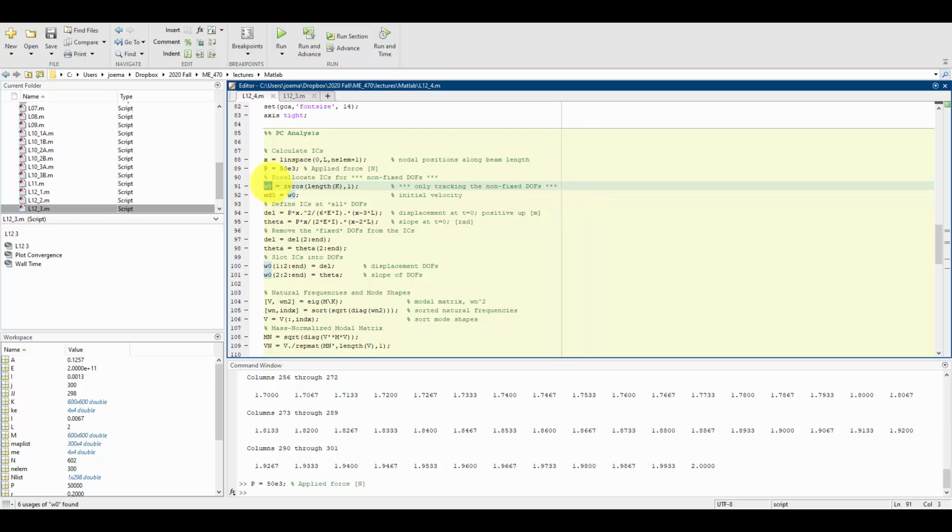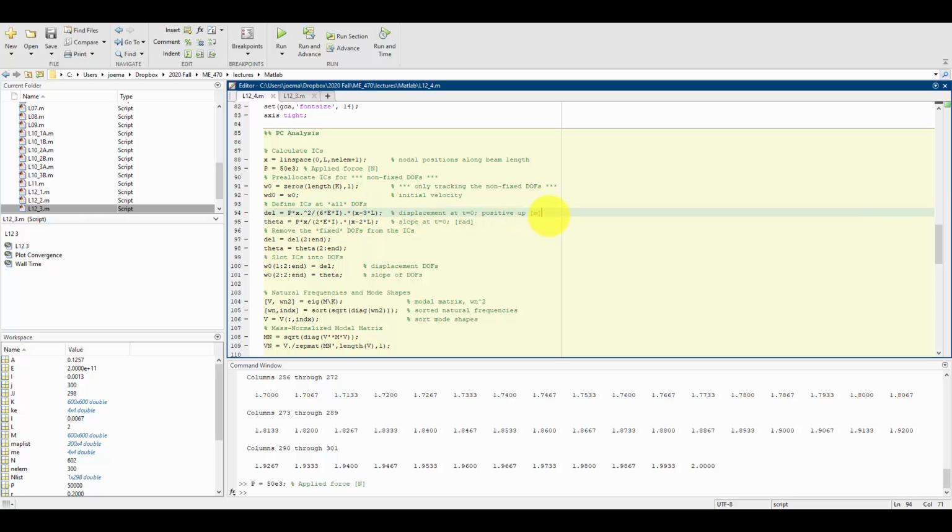This W0 is, again, odd values are vertical displacements, even values are the angular displacements. In the velocity, odd values are going to be linear velocities, and the even values will be angular velocities. But regardless, those are all going to be 0. The positions will not be, and that's where we have to just make sure we're putting things in the right spot.